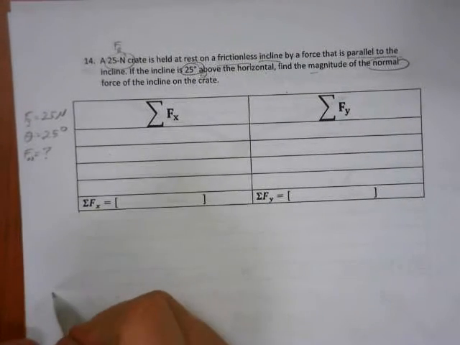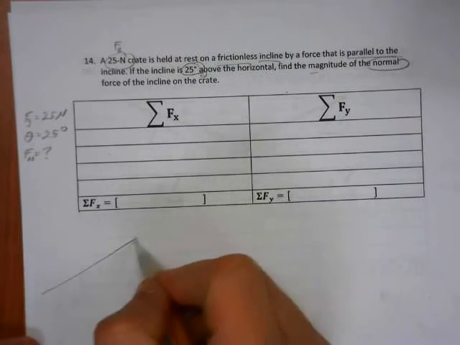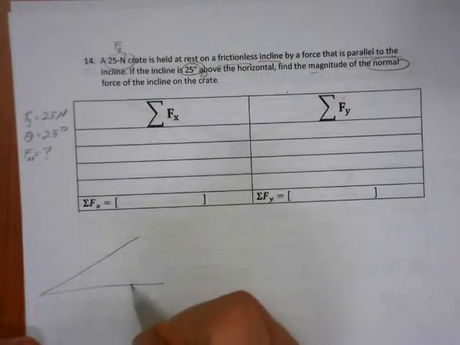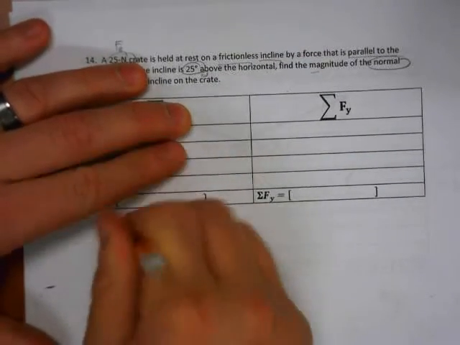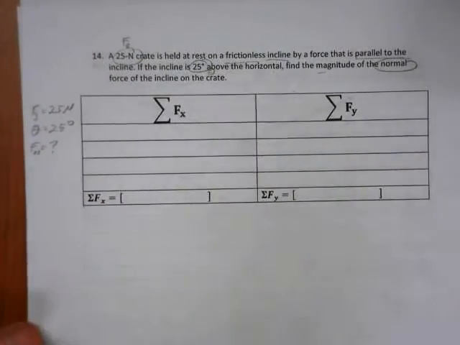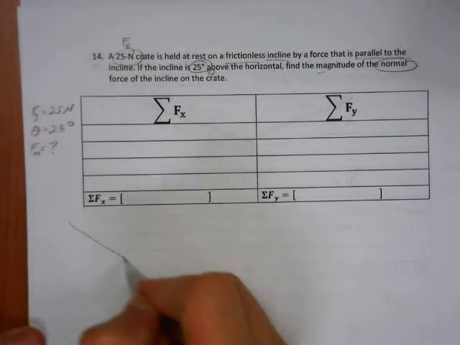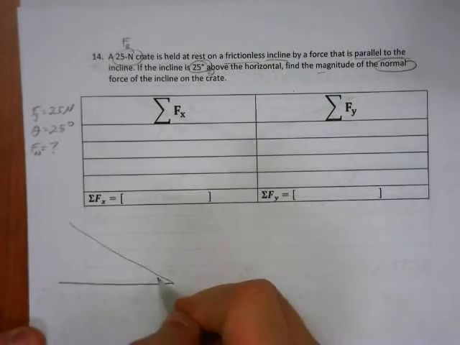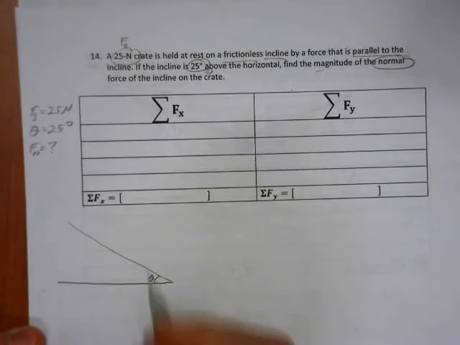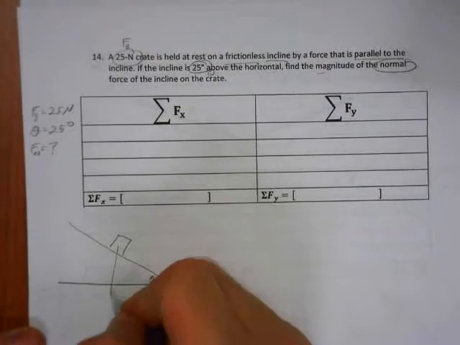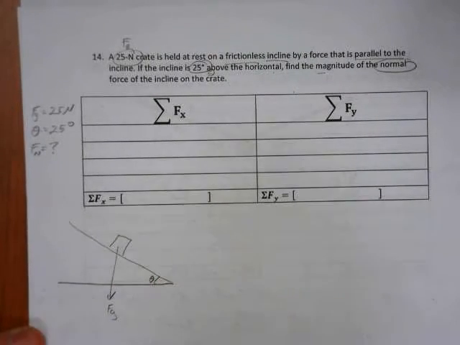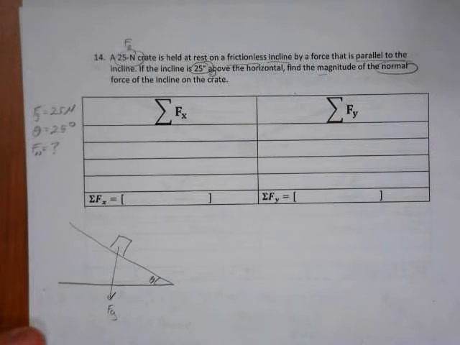So first step, draw a diagram. I'm sorry, I know everyone likes the inclines to go the other way, which makes perfect sense. I just don't know why I have that habit of drawing the inclines that way. So we'll call this theta. We have a crate with the weight pointing down towards the center of the earth, as always.